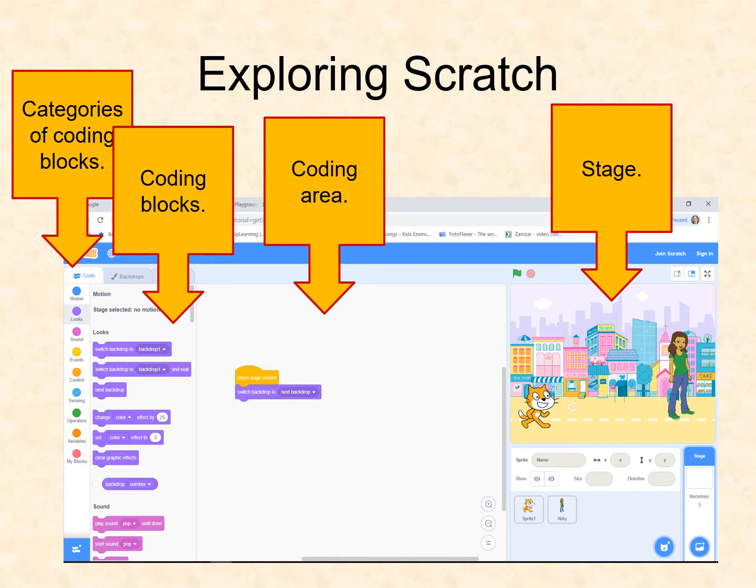If you click on any of those categories, you'll then see the coding blocks, which are right next to them. You'll see these coding blocks appear. Notice how they look like Lego blocks in the sense that they lock together. Next to the coding block area is the coding area, this open area that looks like a word processing type of environment. This is the space that we will drag and drop the coding blocks and hook them together.